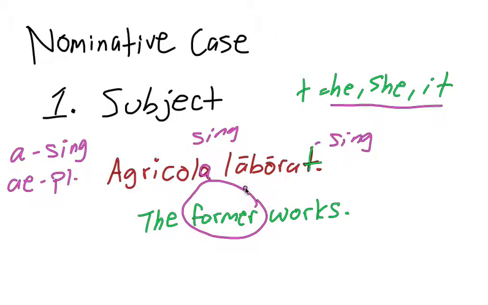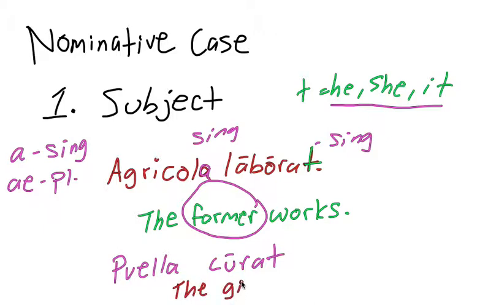All right, let's try another sentence with a subject. Okay, so this time we're going to have puella curat. Okay, and so this sentence would be the girl cares, or the girl cares for, or the girl is caring for, the girl does care for, right?